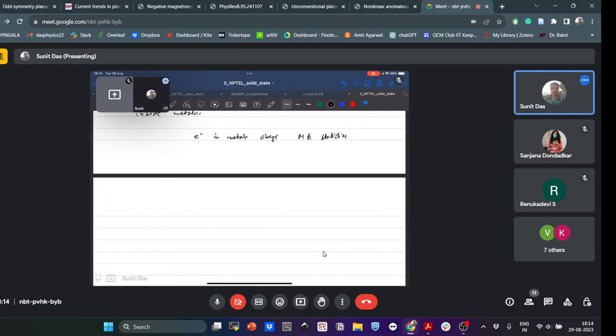So MB statistics says at an energy E, let's say electronic energy is E, the probability of an electron at energy E will be proportional to e to the power minus beta E, where beta is related to the temperature, kB is the Boltzmann constant, and T is the absolute temperature.